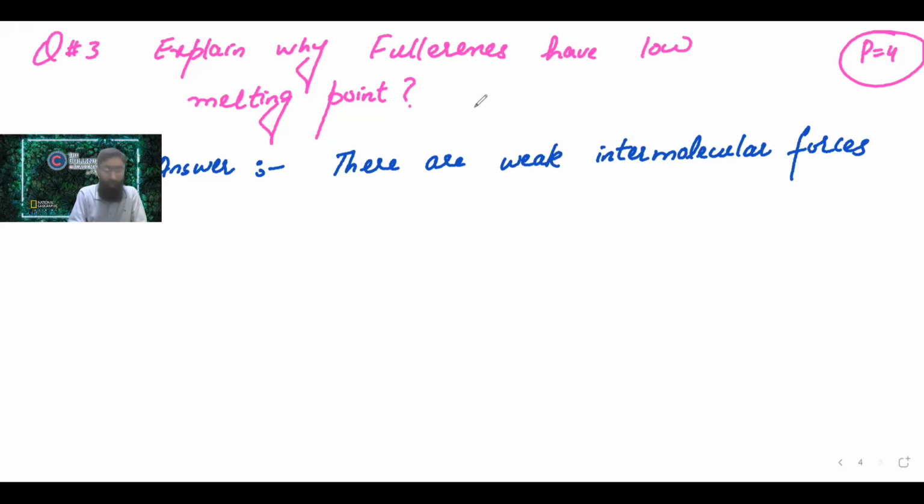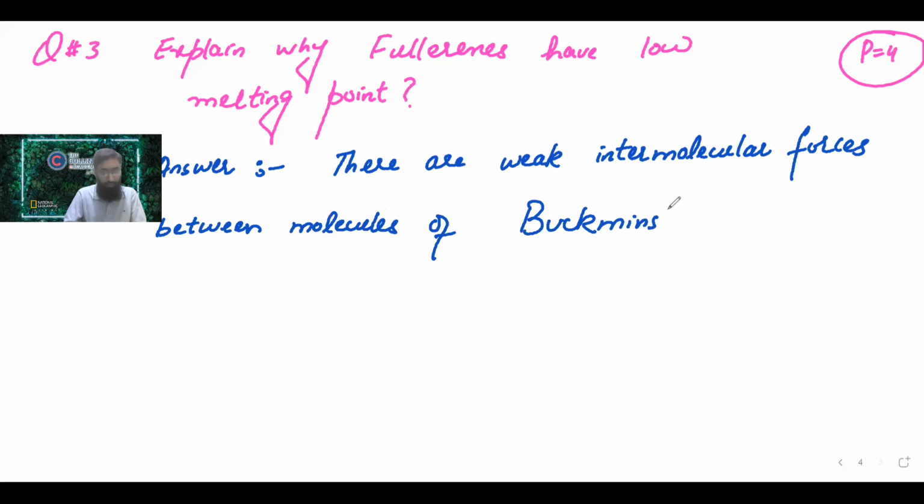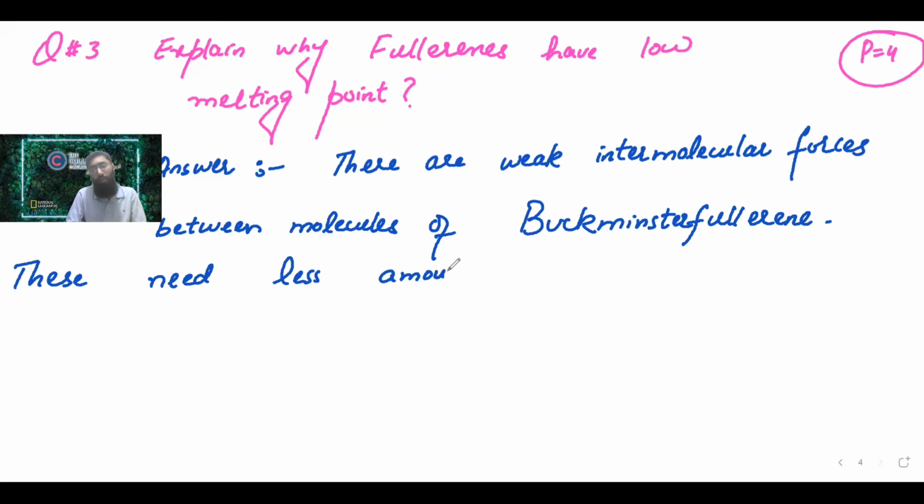There are weak intermolecular forces between molecules of Buckminster fullerene. These need less energy to overcome.